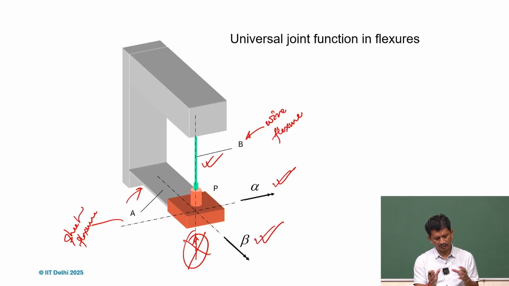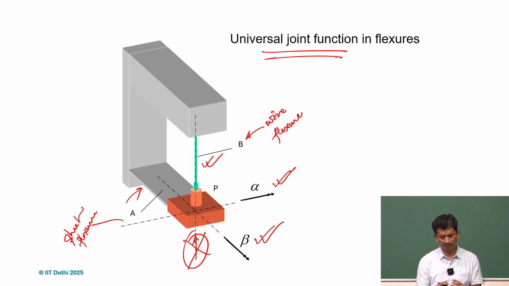Again, just by putting different kinds of flexures together, understanding the compliance and the constraint direction, we can effectively combine them and get a different kind of flexure. So here it will be more like a universal joint.